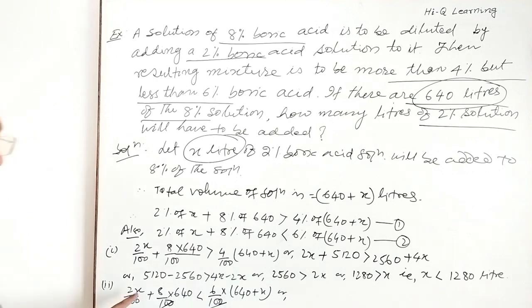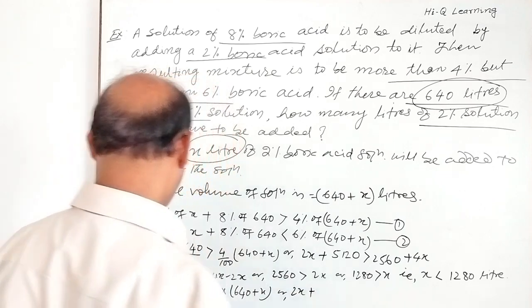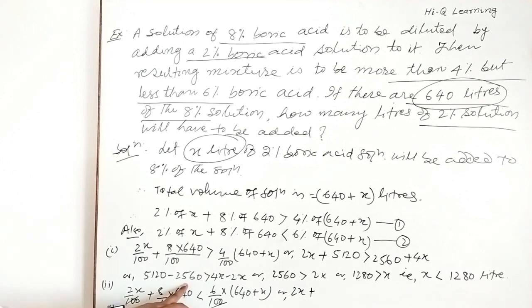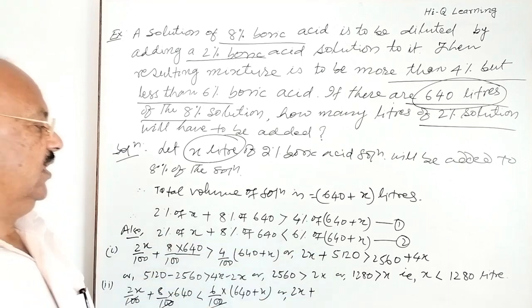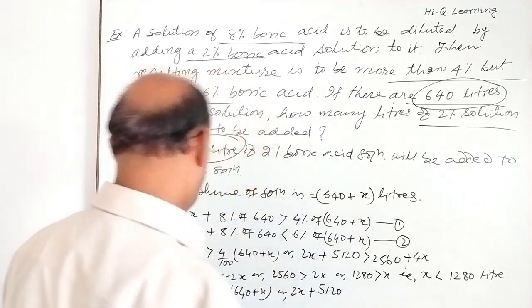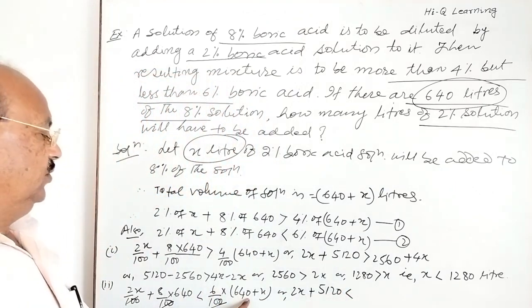So we are getting 2X plus 5120, and this is less than 6 into this much.